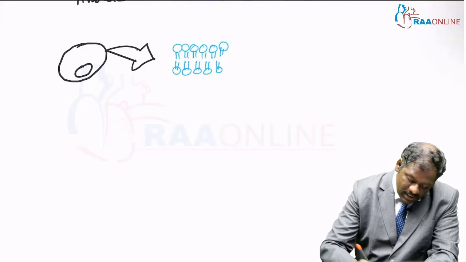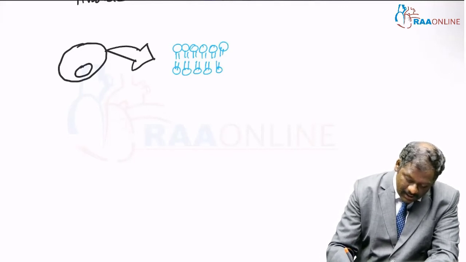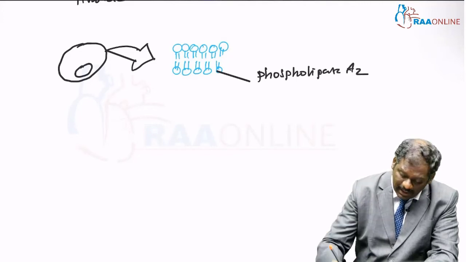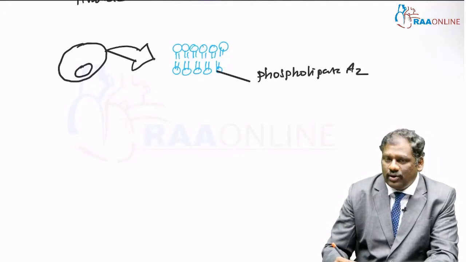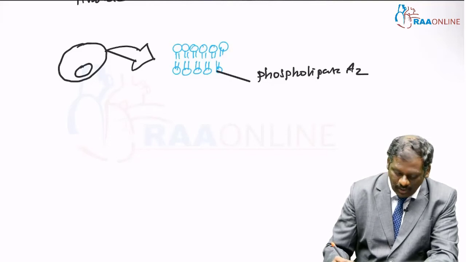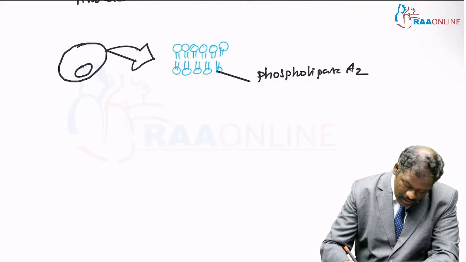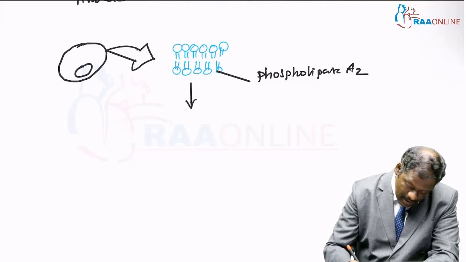Now, if this phospholipid bilayer gets acted upon by phospholipase A2, A here stands for arachidonic acid, they form arachidonic acid.